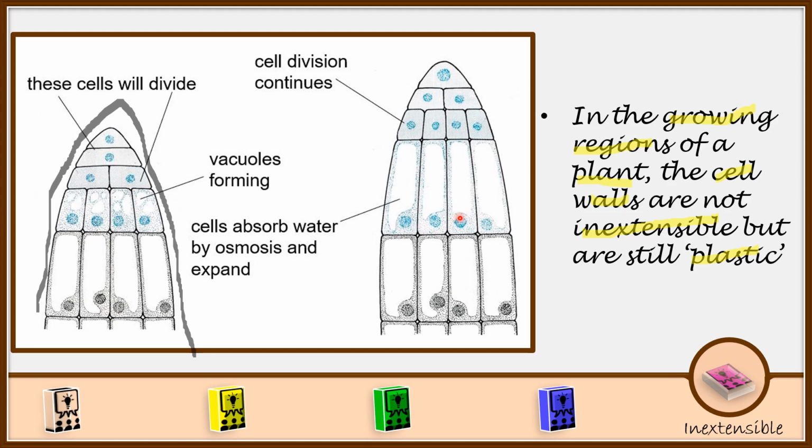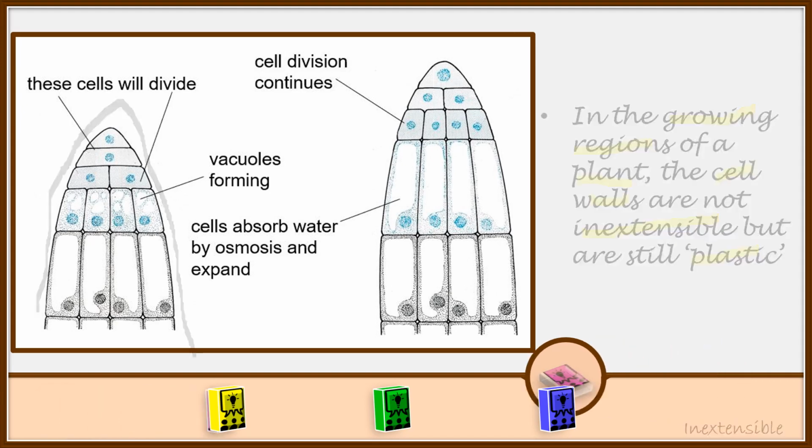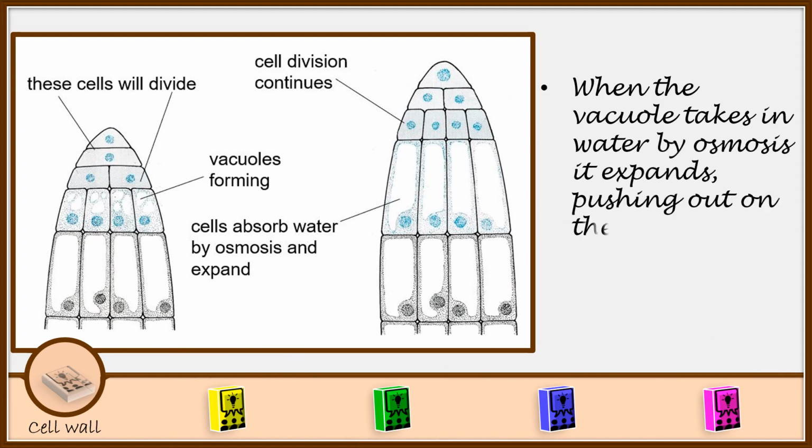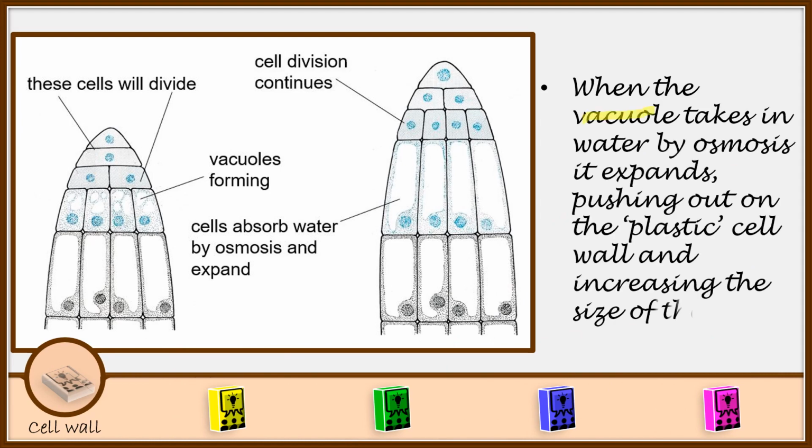And there we say the plant is growing. When the vacuole takes in water by osmosis, it expands, pushing out the plastic cell wall and increasing the size of the cell.